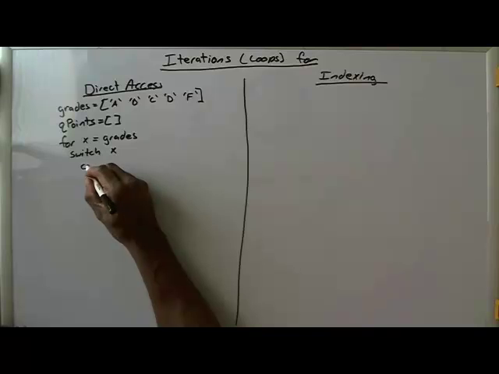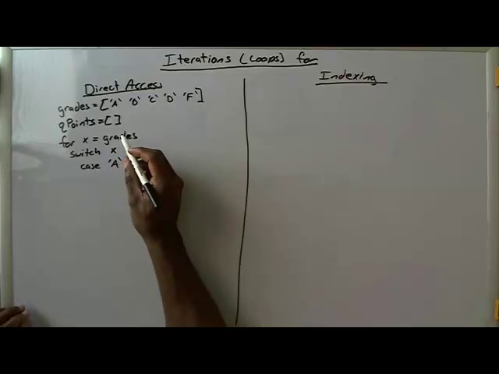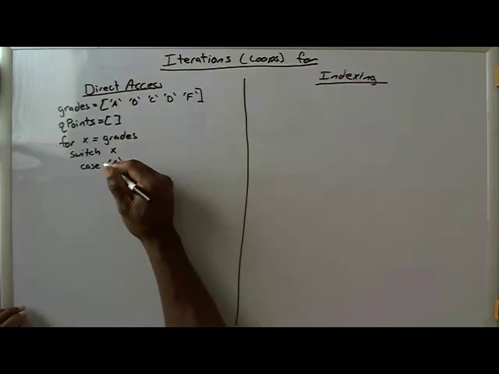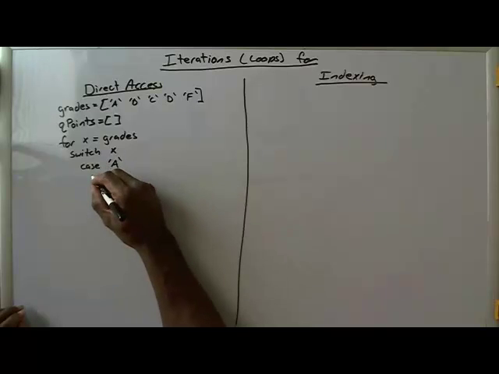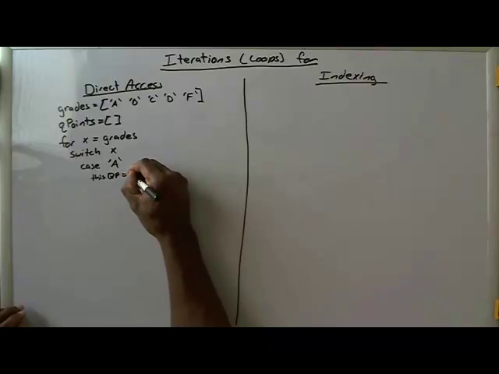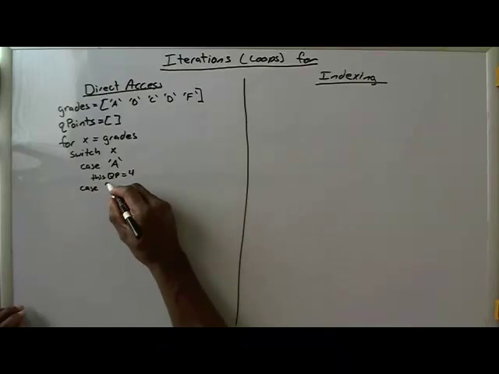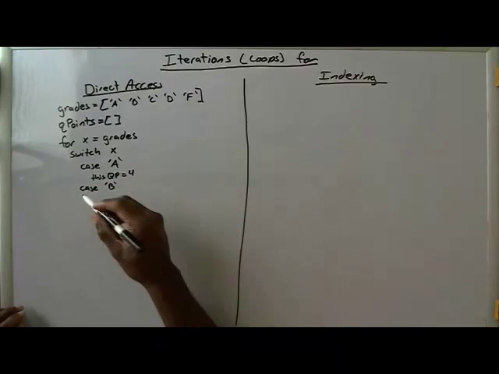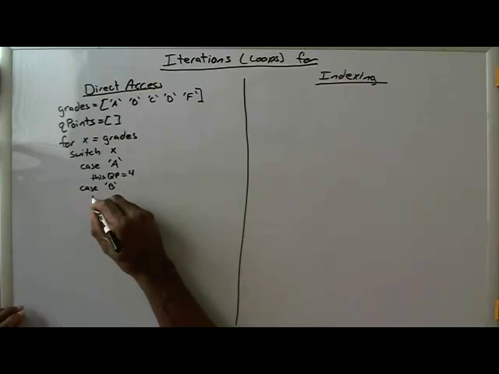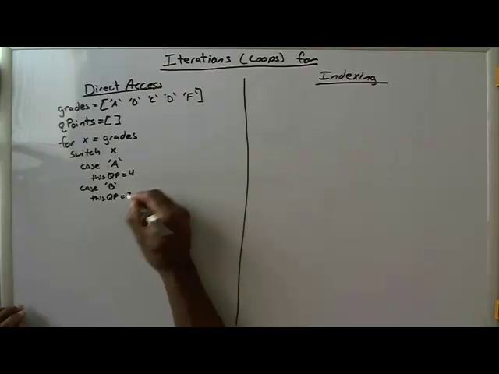So my first case is if x equals A, then I'm going to create a variable called this QP, and this quality point is going to equal 4. Then next case is that x equals B, and this QP is going to equal 3.